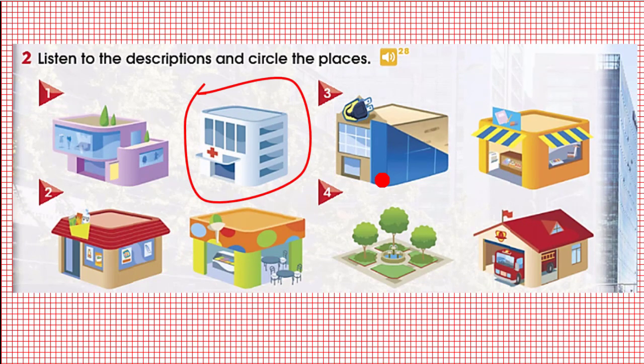Yeah, the hospital. Okay, that's right. Entonces ahí en la alternativa número 1 estuvieron mencionando al hospital. Entonces circulo esto, hospital. Entonces tú puedes volver a escuchar el audio mirando la transcripción y completar for number 2, number 3, and number 4, right? So you have to circle the correct place. That's right. This is for activity number 2.